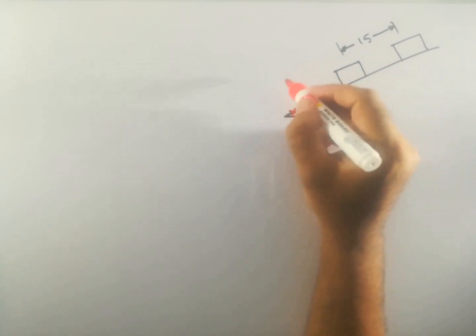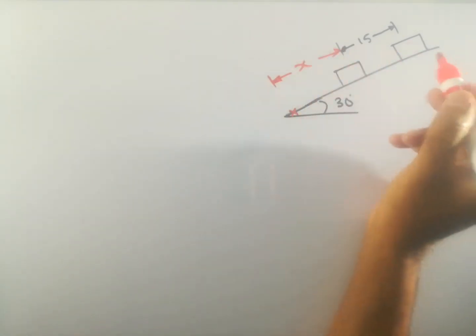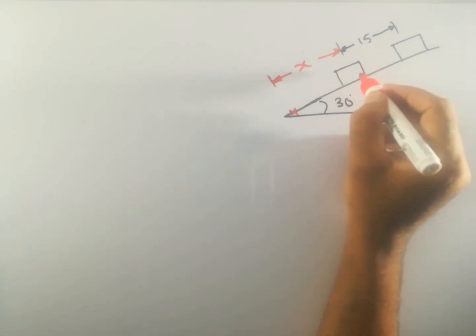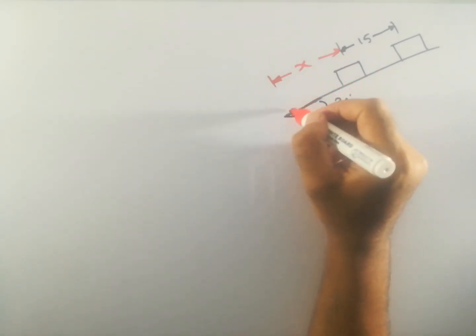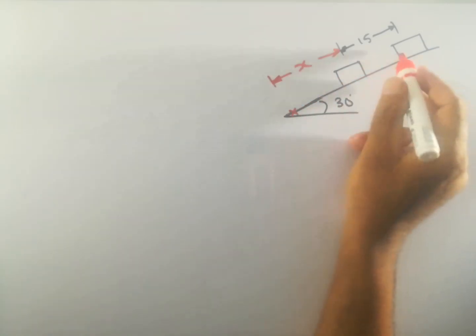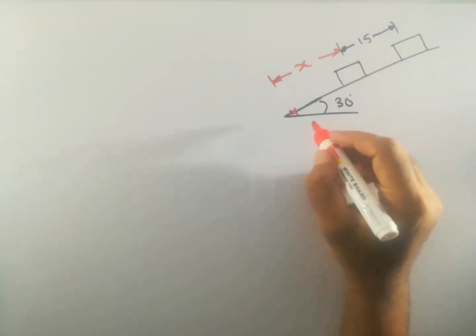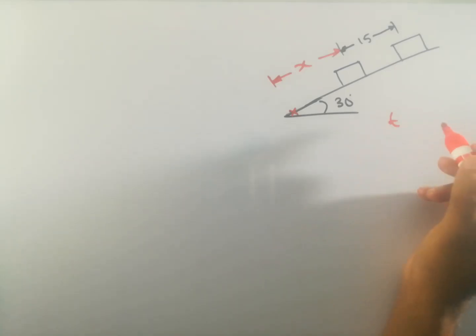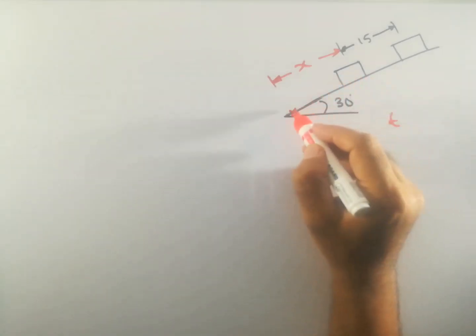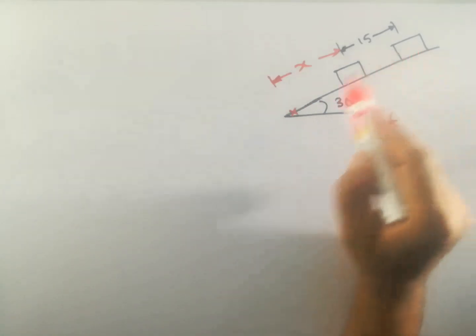So let x be the distance from the initial position of B to the point where A collides with B. Say if t is the time required for B to reach this point, in the same t seconds A will also reach here.